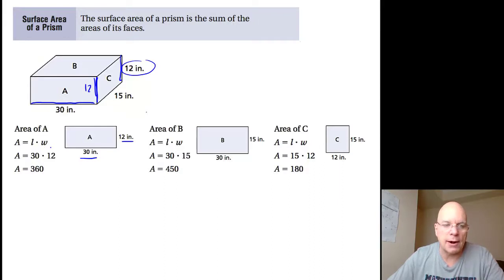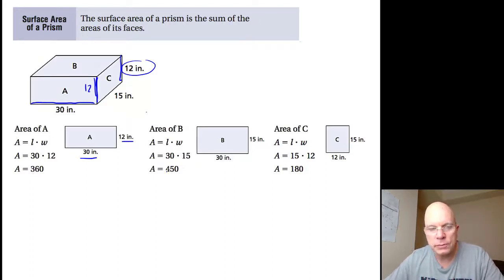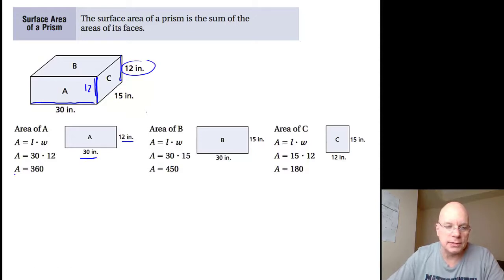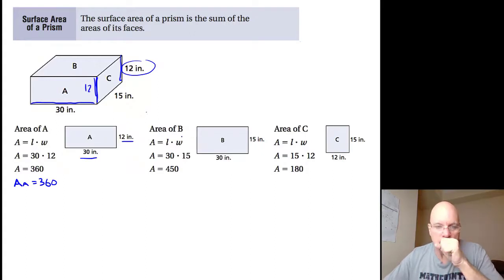We use the formula for area of that shape. So for a rectangle, base times height, or length times width, and we get 360 for the area of that face. And I personally like to either use subscript notation, so area of face A is 360, or you could label them 1, 2, 3, however you want to label the different faces.